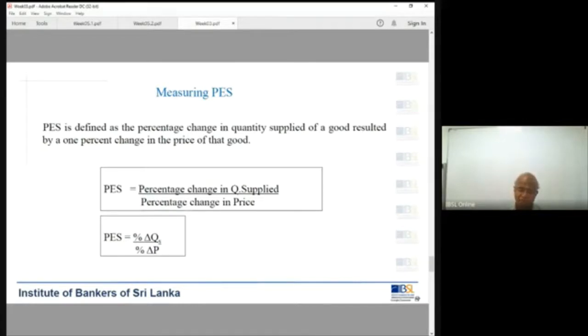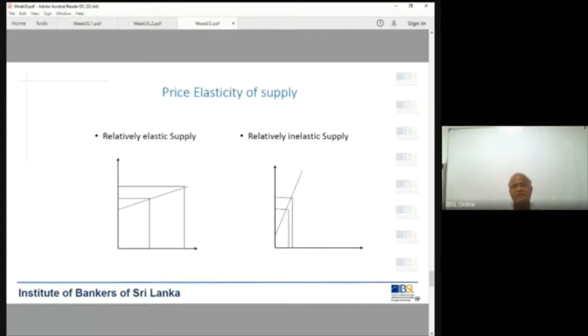Similar to the demand curve, we can identify the relatively elastic supply curve. The supply curve is positive and flatter. When percentage change in price is 1%, quantity supplied changes by more than the price change. Relatively elastic supply. Relatively inelastic: price changes by a certain percentage, but the percentage change in quantity supplied is less than the price change.